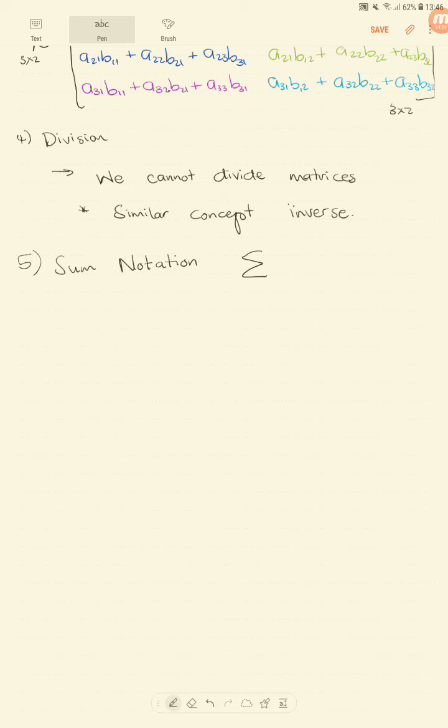For example, if we have A11 plus A12 plus A13, we see that the first index 1 remains the same in all 3 steps, but our second element adds a step to each addition: 1, 2, 3.